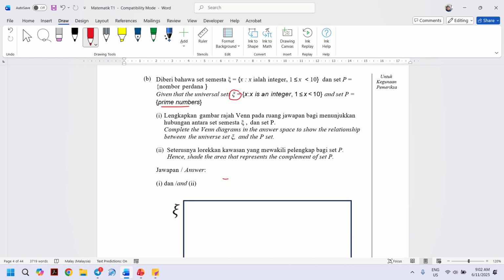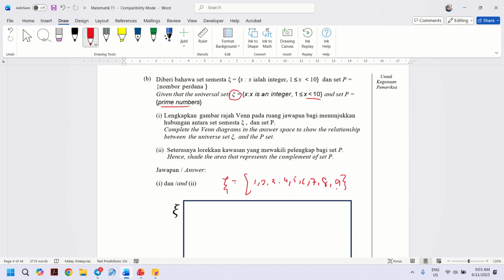List down all the integers: 1, 2, 3, 4, 5, 6, 7, 8, and 9. Why is 10 not included? Because it must be less than 10.